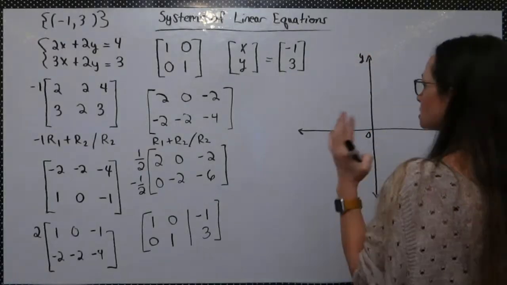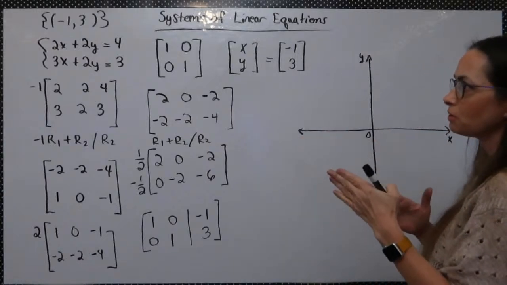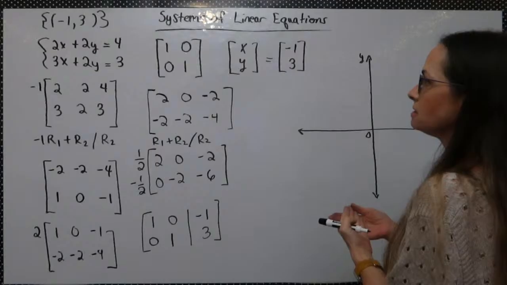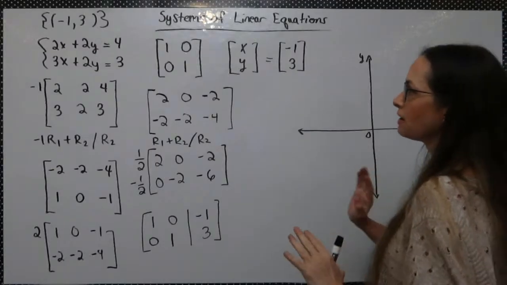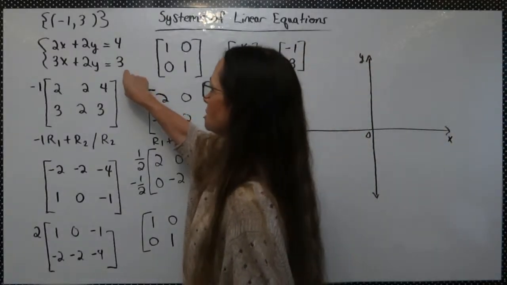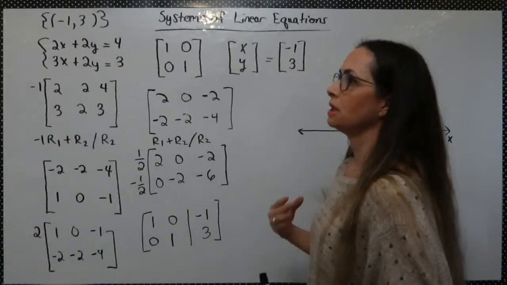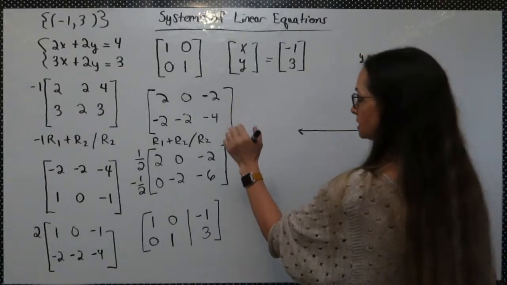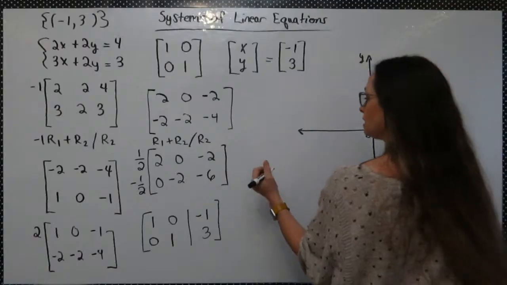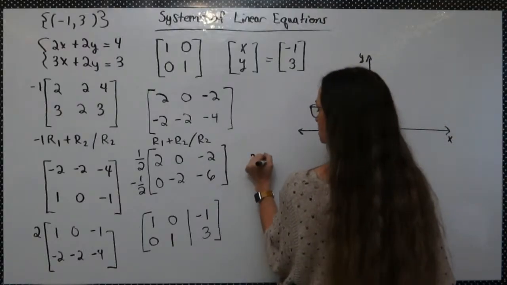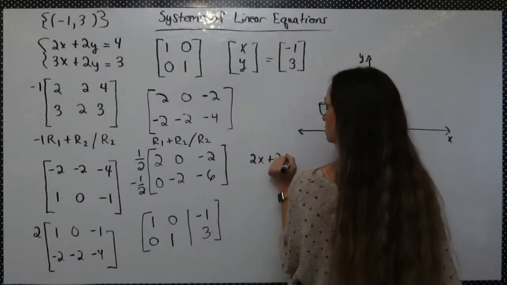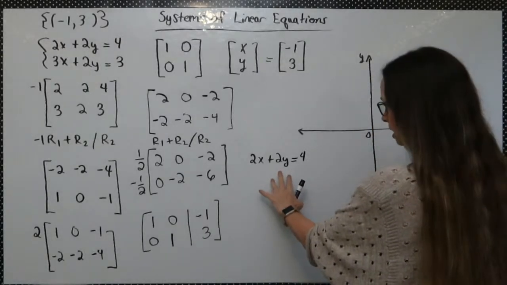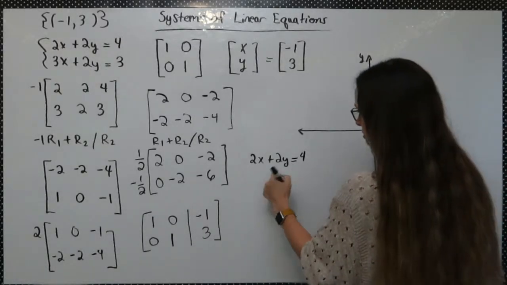So it's at x comma y. That first component would be your x, the second component would be y. And what you have to do is take these equations and put them in slope-intercept form. Right now they're in standard form. So just taking that first equation, 2x plus 2y equals 4, I can rearrange this solving for y by subtracting 2x from both sides.